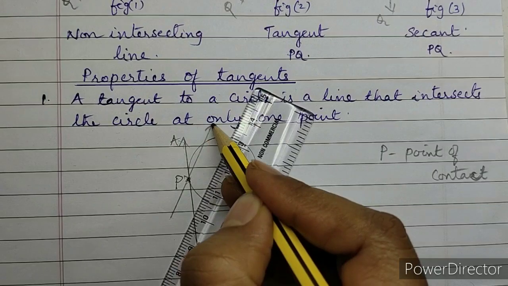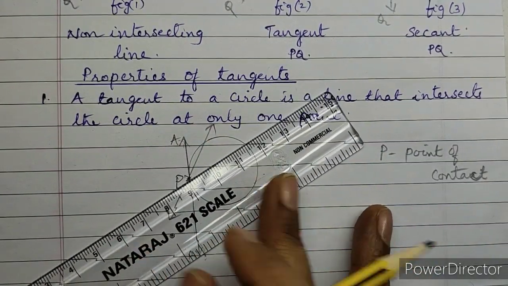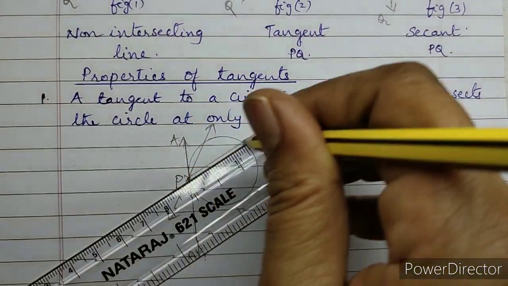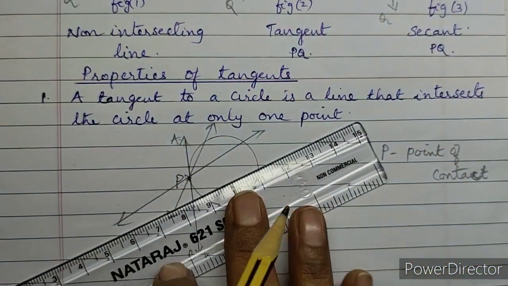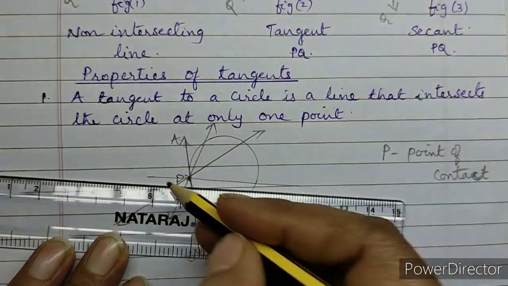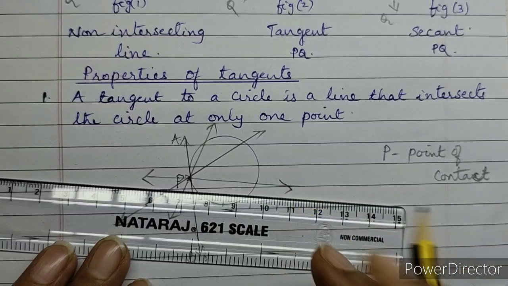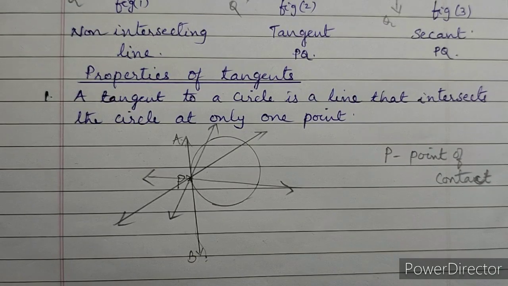Then the line will be moving like this. Then again if you are rotating, again the point P will not change. The line will come like this. So the point P you should not change, the line you just keep rotating.